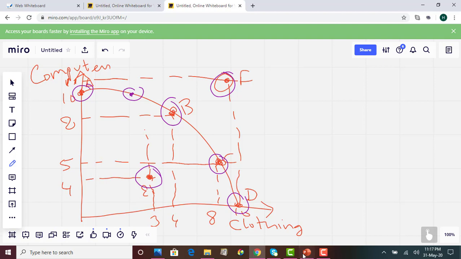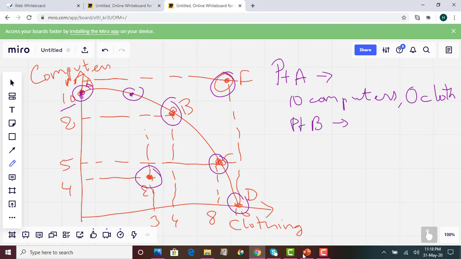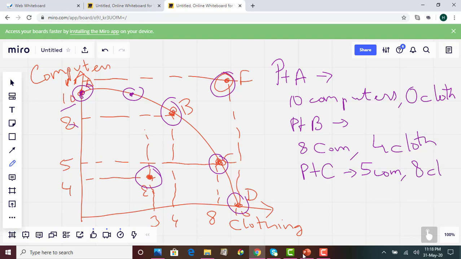So let's look at point A, which is this point. At point A we have 10 computers, and it's on the y-axis, so it's 0 clothing. Then we have point B, which is 8 computers and 4 clothing. Point C is 5 computers and 8 clothing.